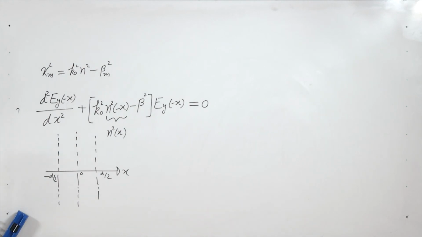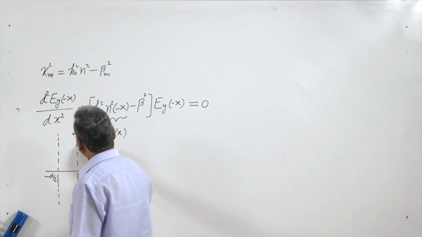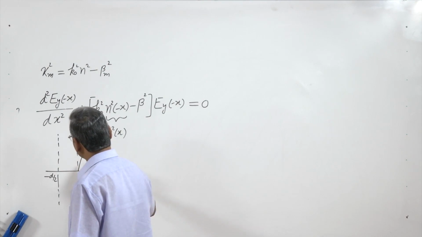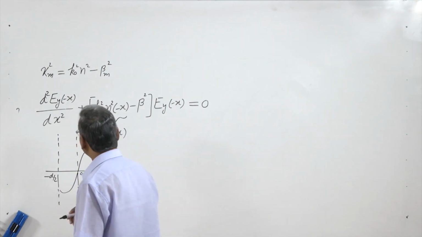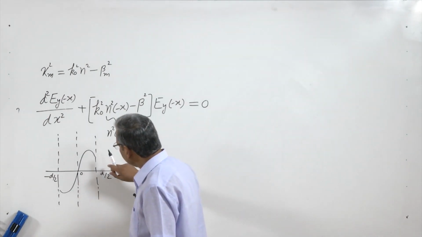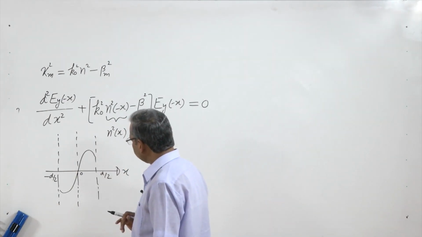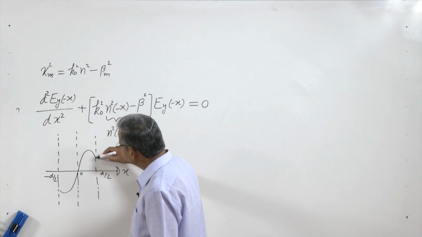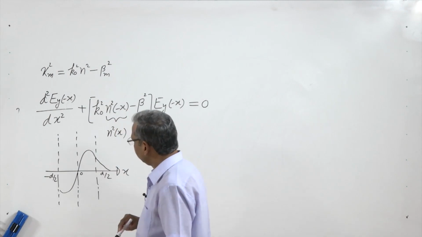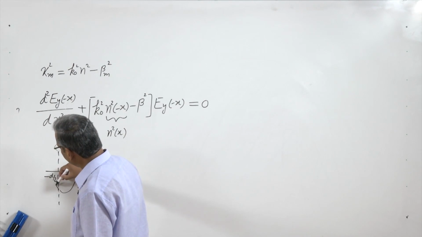Now, if you plot a sine function in the region mod x less than d by 2, it goes something like this, and now in the outer region for positive x values, for x greater than d by 2 you will approach from here and then it decays down, while for x less than minus d by 2 you will approach from the negative side.